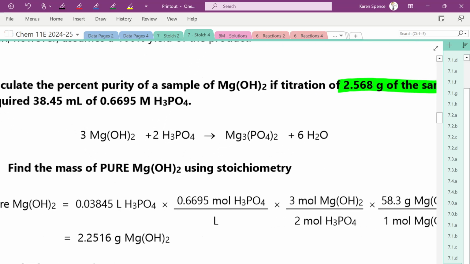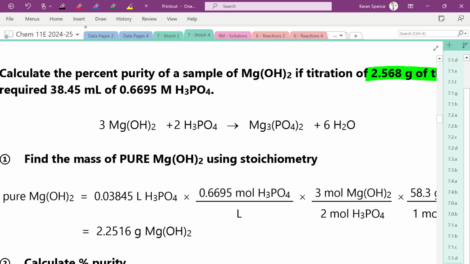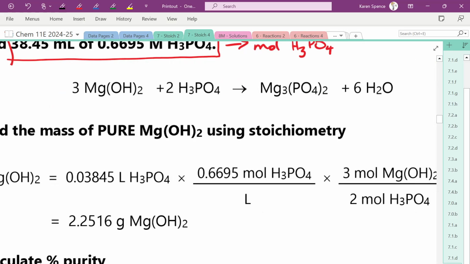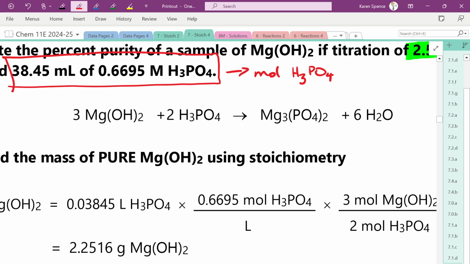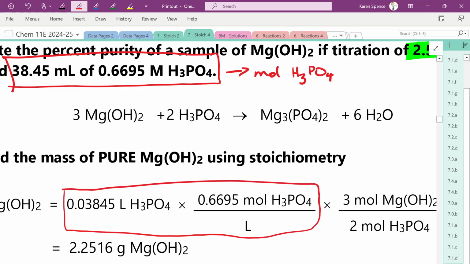So the first thing we're going to do is find moles of H3PO4. I can do that from my milliliters and my molarity. Yeah? So I'm going to change the milliliters into liters and multiply by 0.6695 moles of H3PO4 per liter. That gives me moles of H3PO4.